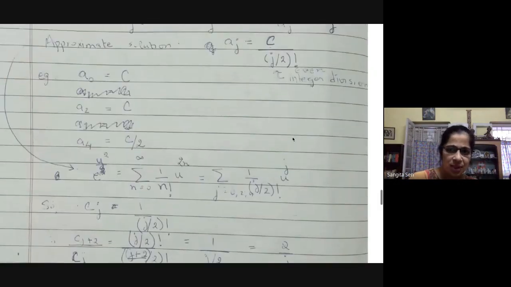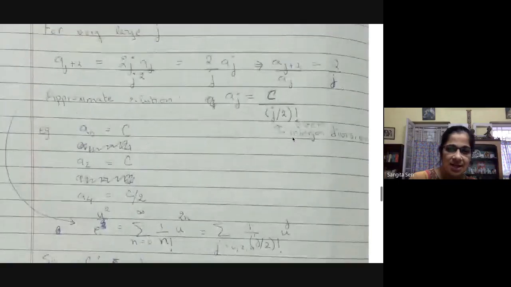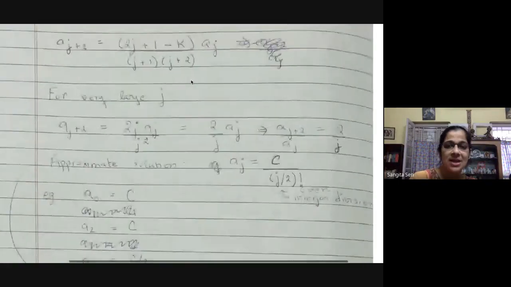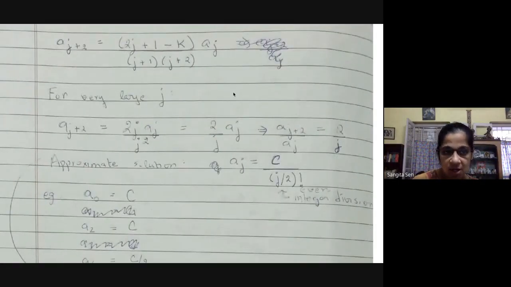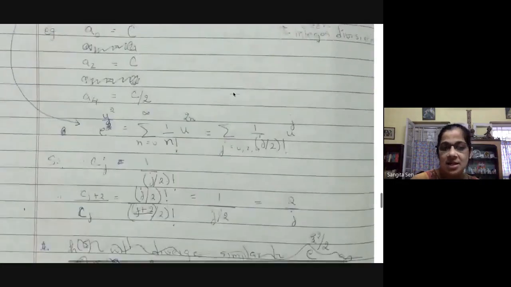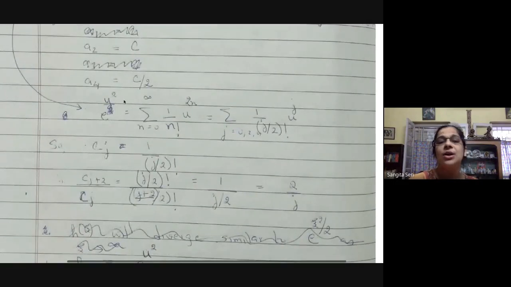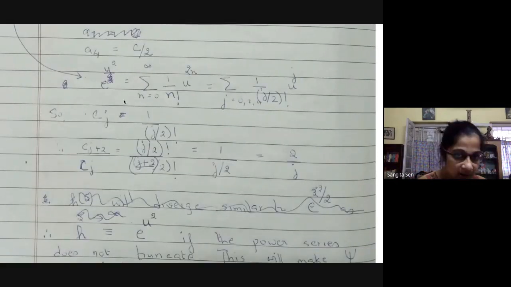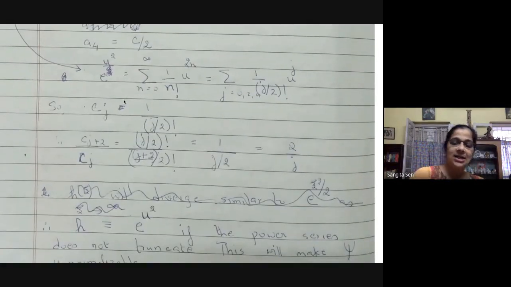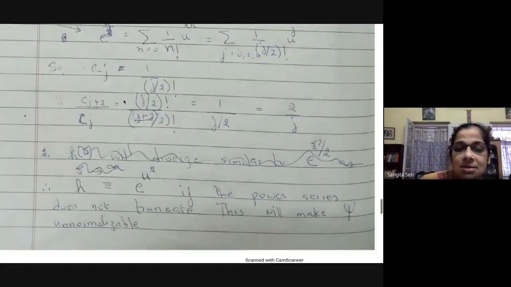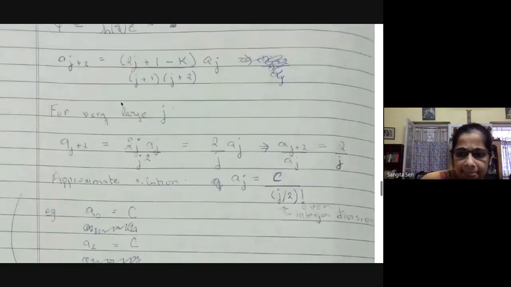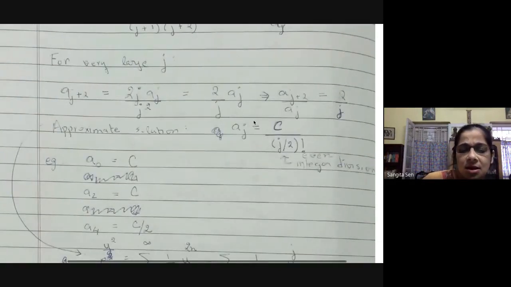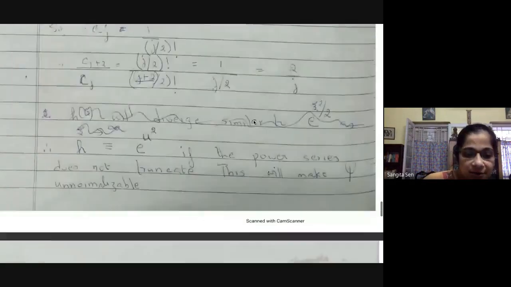So if you have an infinite power series which obeys this recursion relation, that is basically identical to an e to the power u squared function. And e to the power u squared, as you know, is basically a diverging function as u tends to infinity. So basically, this expansion is not good enough.